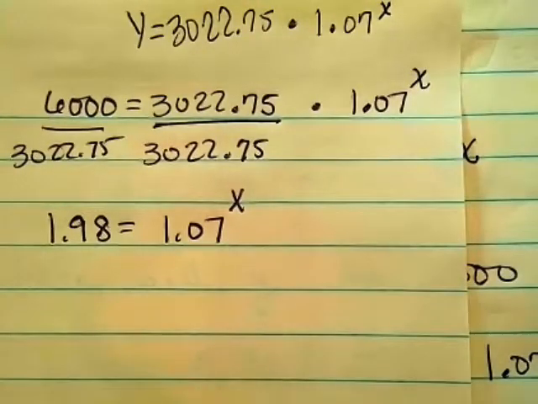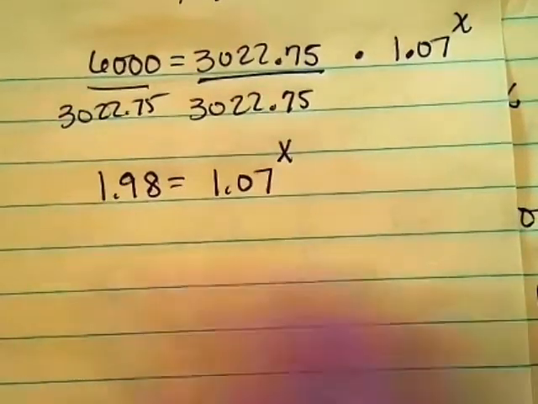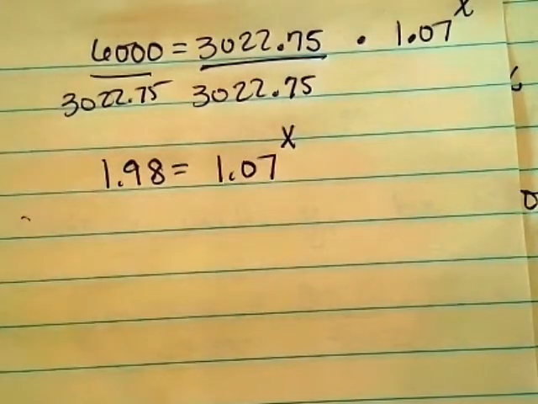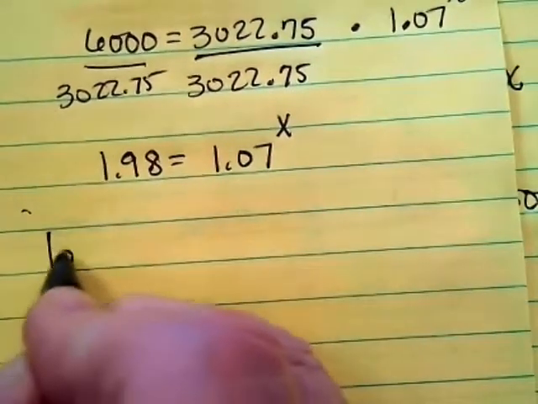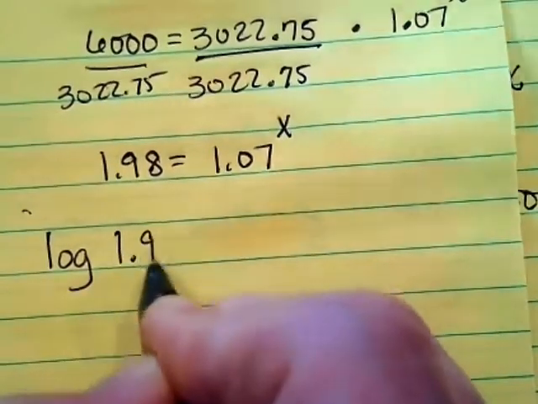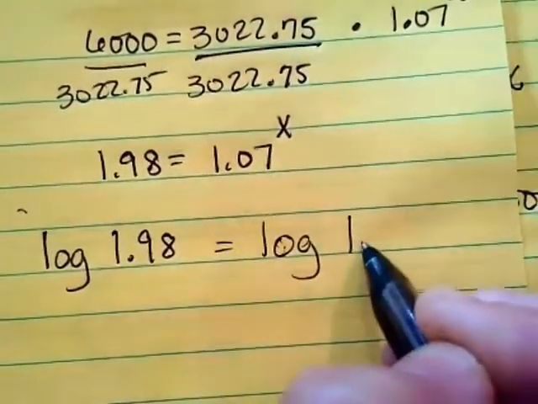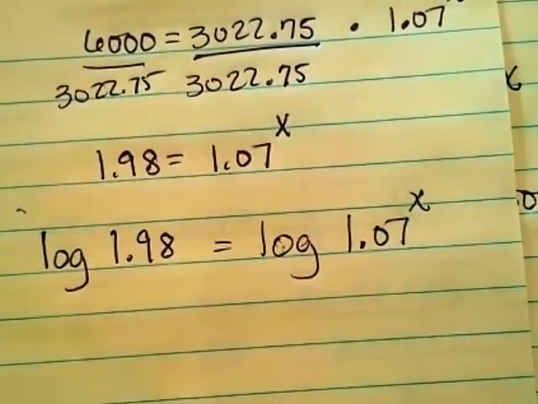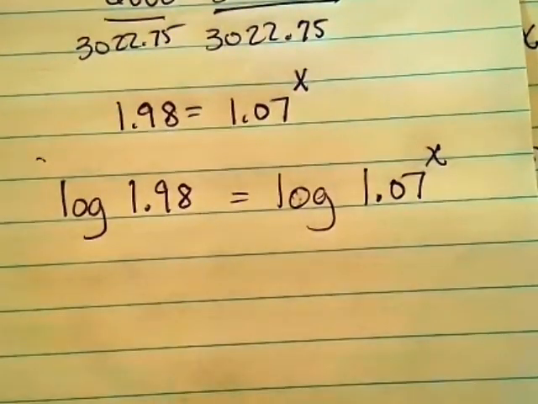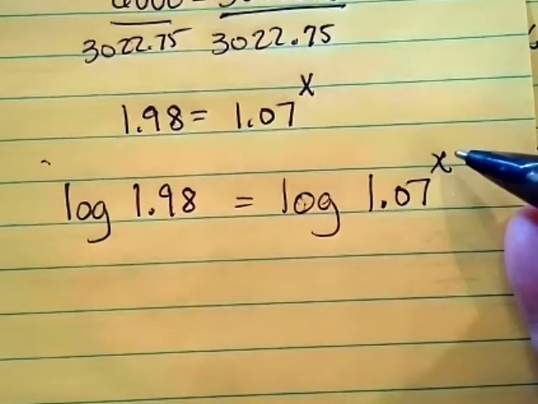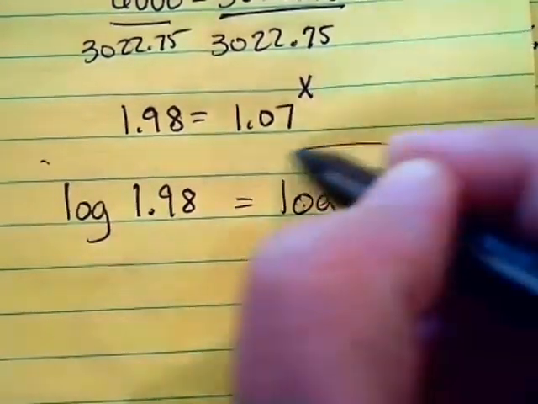Now, what do you do next? You take the log of both sides. Whatever you do to one side, you can do to the other, and this is where you take the log. You take the log of 1.98, and it's equal to the log of 1.07 to the x. Now what that does is, if you've studied logarithms and you know they got weird rules, you can pull that x over in front.